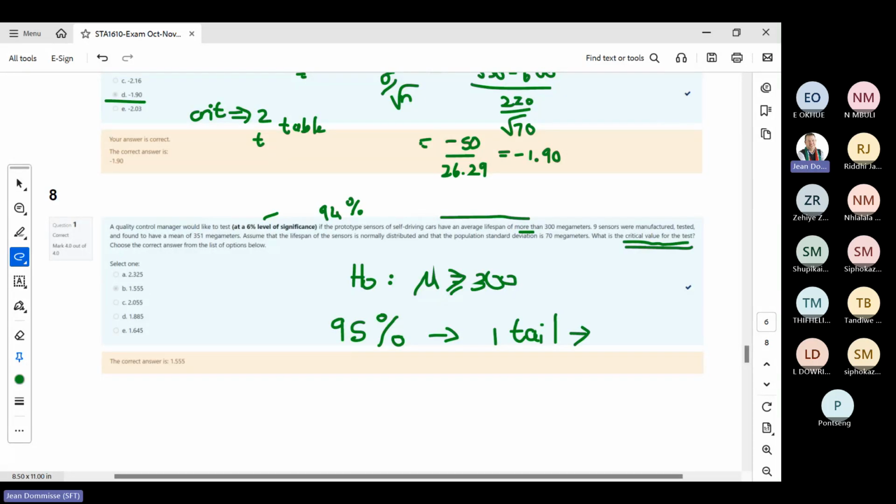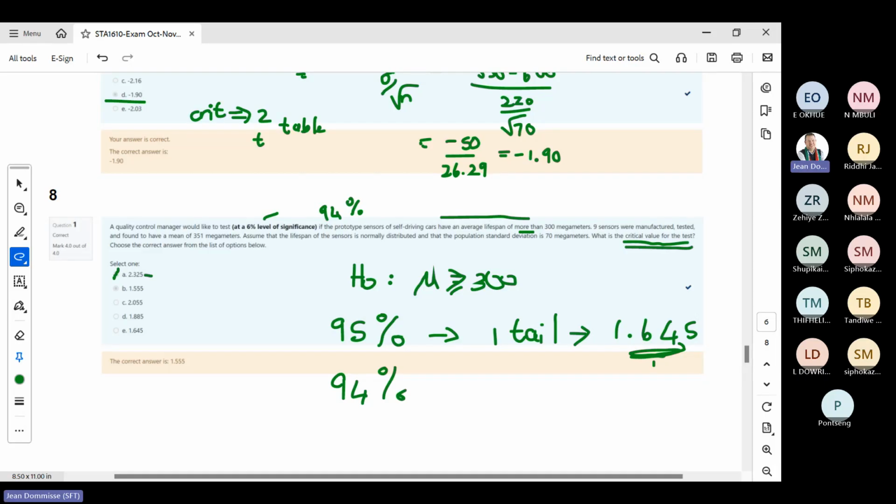From the tables that you have in your study guide, 95%, one tail, what is the critical value? That is 1.645. So if we go to 94%, it's going to be less than 1.645. So let's look at the answers.